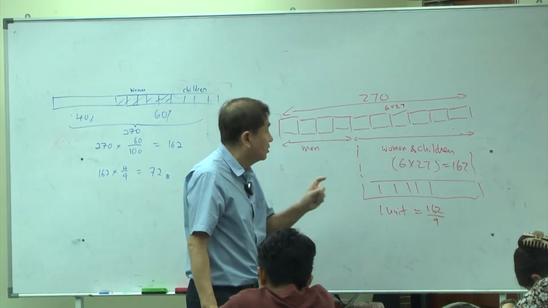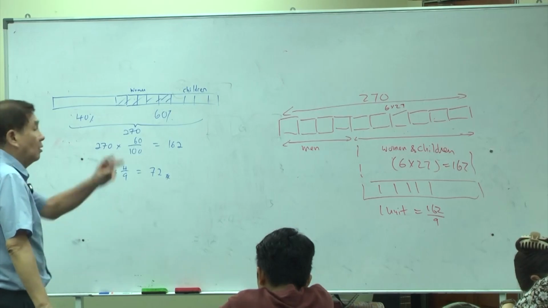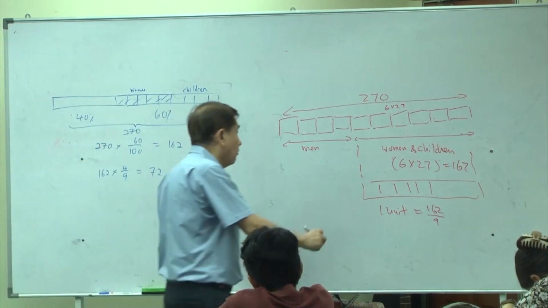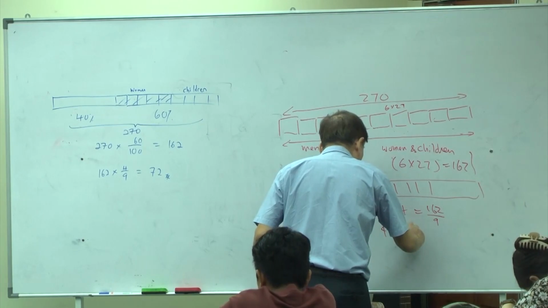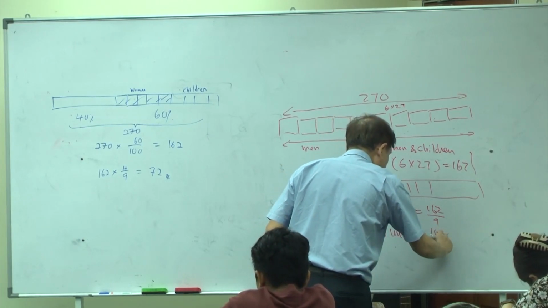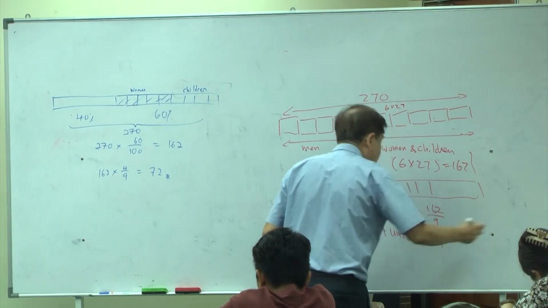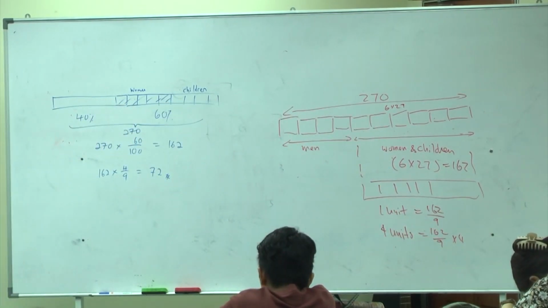They will do that. So therefore, the question, what they want is how many children are there? Children got 4 units. So I can say that therefore 4 units must be equal to 162 divided by 9 times 4, and I get my answers at the end of the day. So that's one way that they can do it.